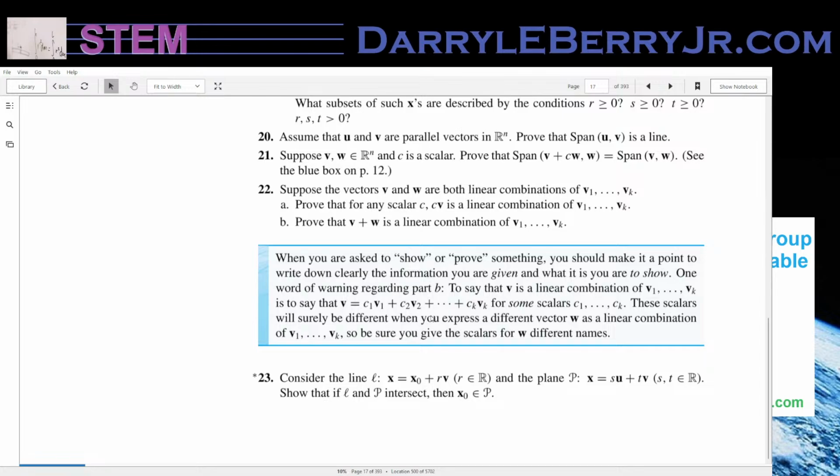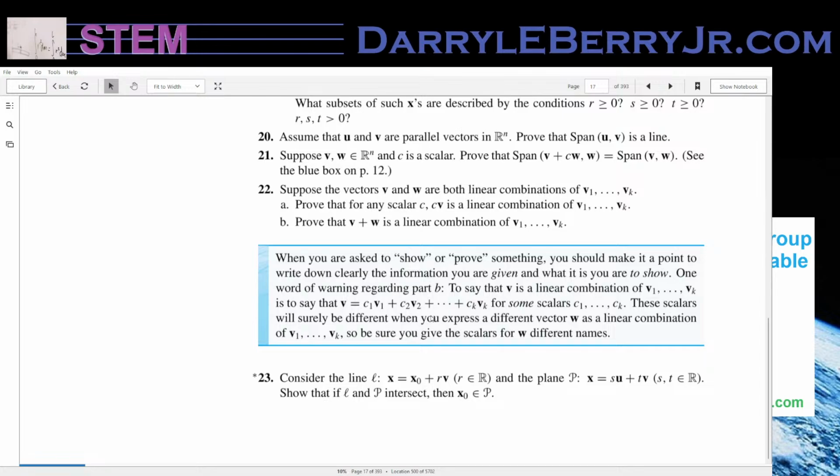So what we can say is, in order for them to intersect, at some point, X0 plus RV equals SU plus TV.